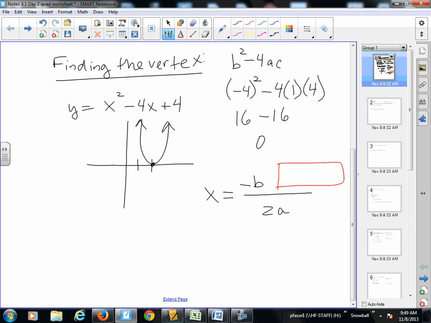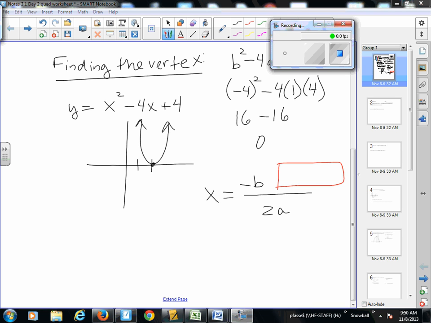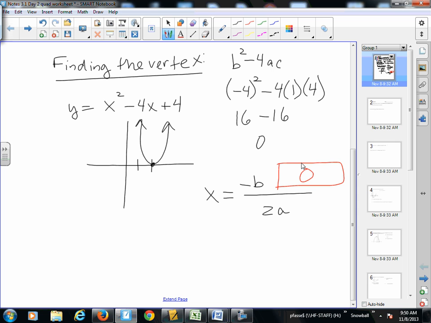Well, what is all of this jazz in this example? 0. Remember, b squared minus 4ac for this quadratic went to what? 0. Based on this information, all of this has gone to 0. We see that this calculates our x value of the vertex.